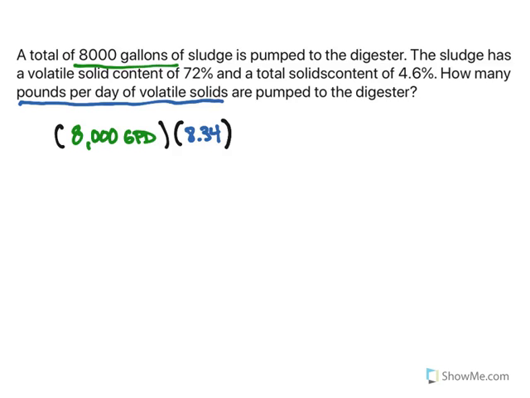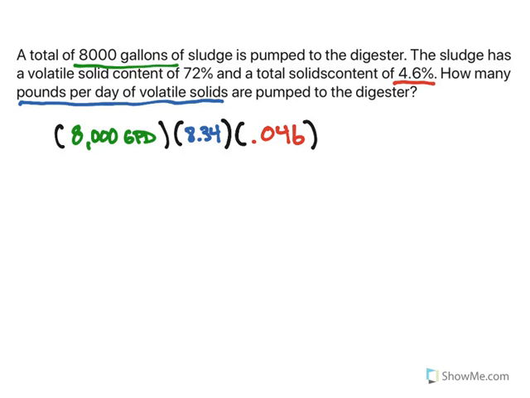Out of those gallons of sludge, out of that weight, only 4.6% of it is solids. So we multiply by 0.046 to get pounds of solids in the sludge.